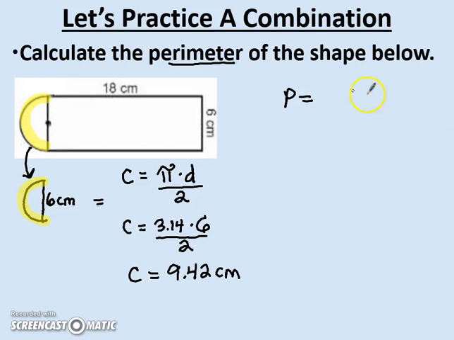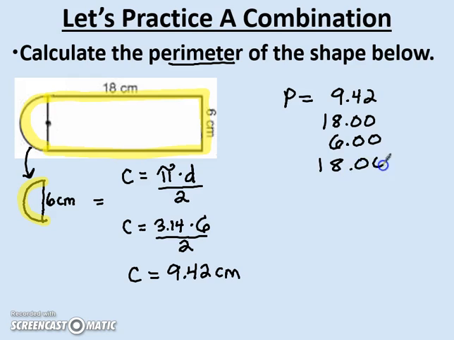So I'm going to write that arc down, 9.42, but I'm also going to have to add 18 more, plus 6 more, plus 18 more for the bottom. Notice 18 is like 18.00, 6 is 6.00, and 18.00.